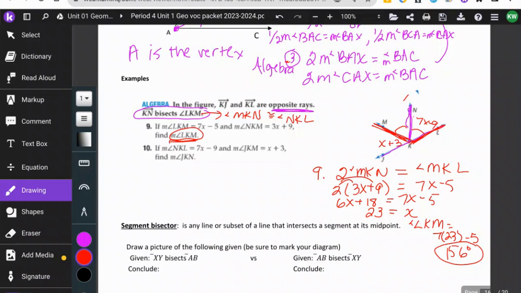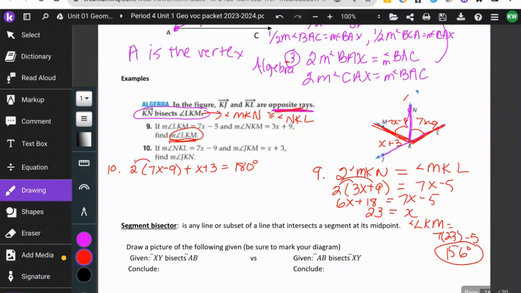That's my goal. What do I know this time? I know that this would still be 7x minus 9. So if I double my 7x minus 9 and add it to my x plus 3, it has to equal 180 degrees because they told me these were opposite rays, which makes a straight line.